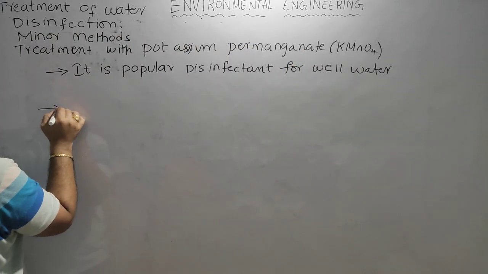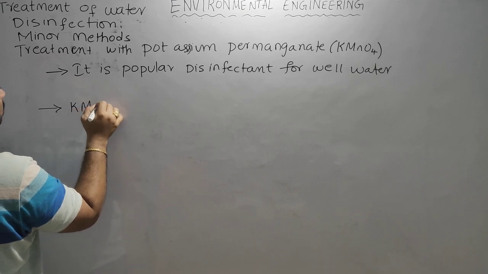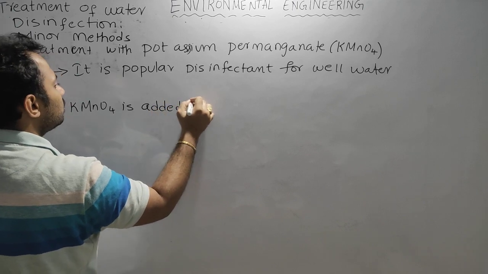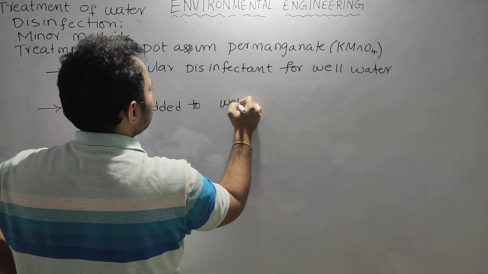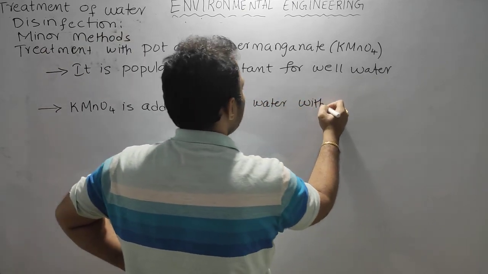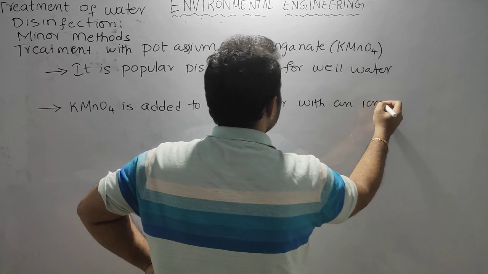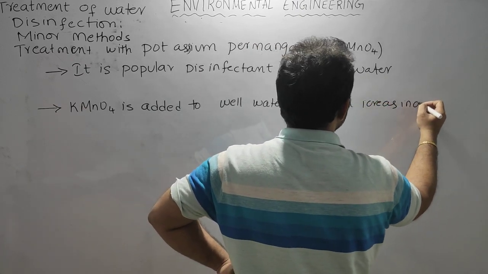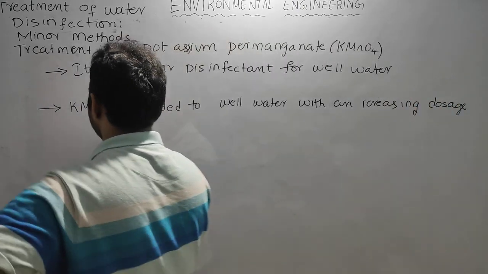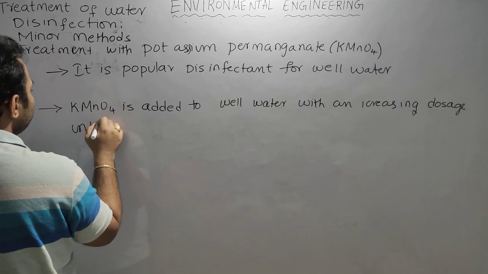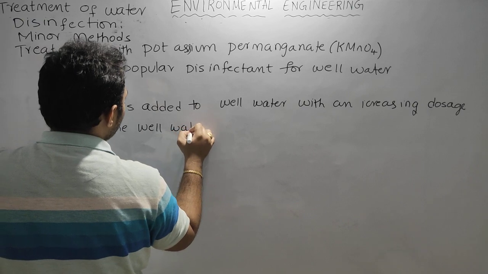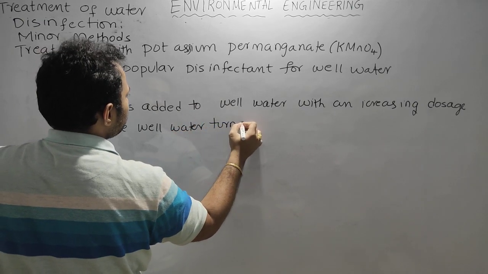KMnO4 is added to well water with an increasing dosage until the well water turns pink.